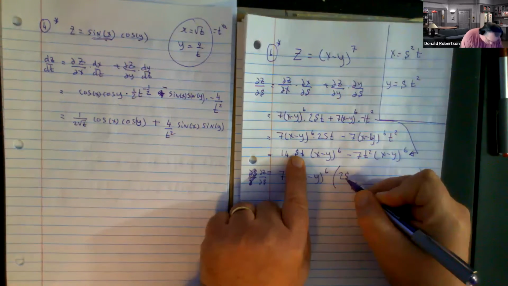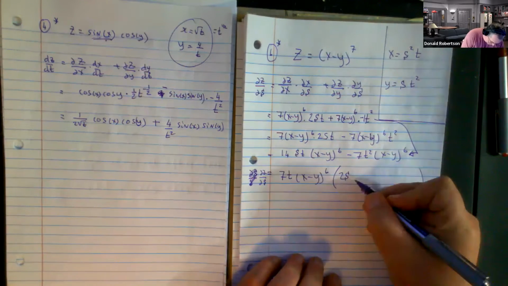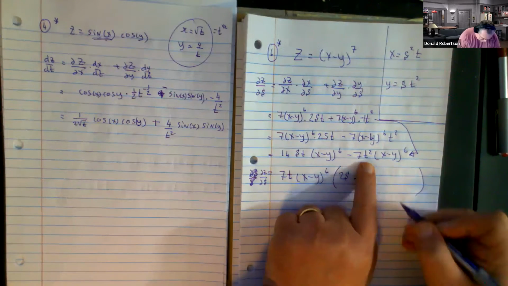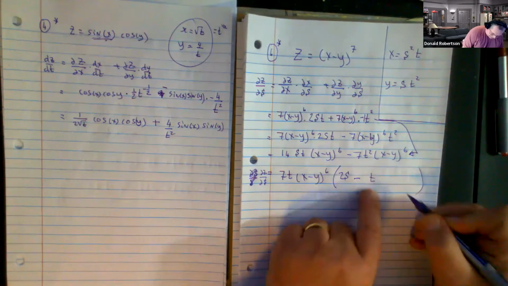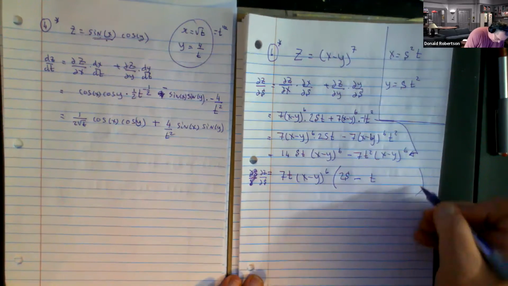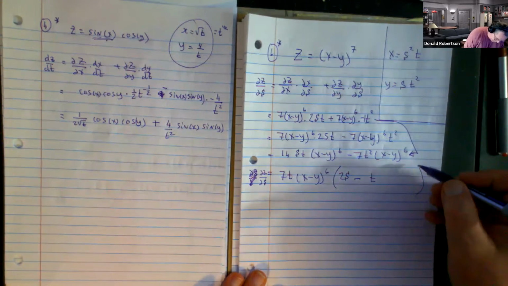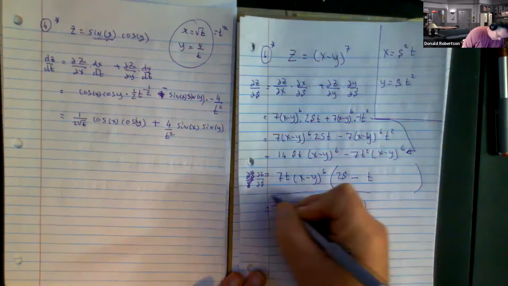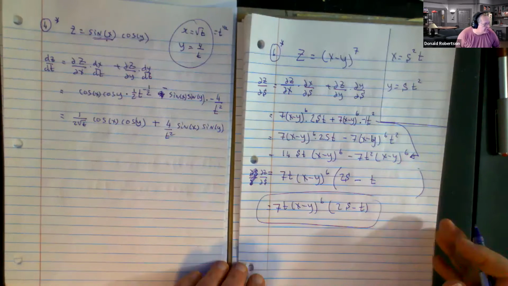S left over, used up, used up. Take away, used up, T left over, used up. So I guess my bracket didn't need to be anywhere as big as it is. You don't need to do this. This is me. Nicest version of the answer we can get.